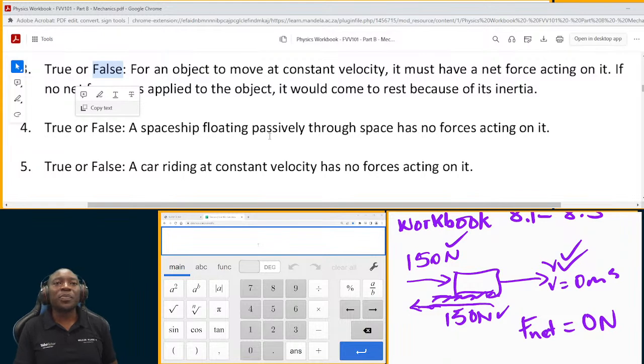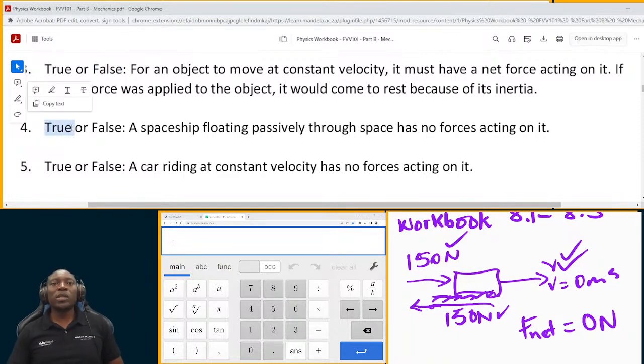If it floats passively through space, it would move with its constant velocity, whatever velocity it attained as it got into space, and it continues at that velocity without any external force. But if it accelerates, then that would mean the acceleration is a consequence of net force. So for this one, I would say this is true. There are no forces acting on this spaceship if it's floating passively through space.